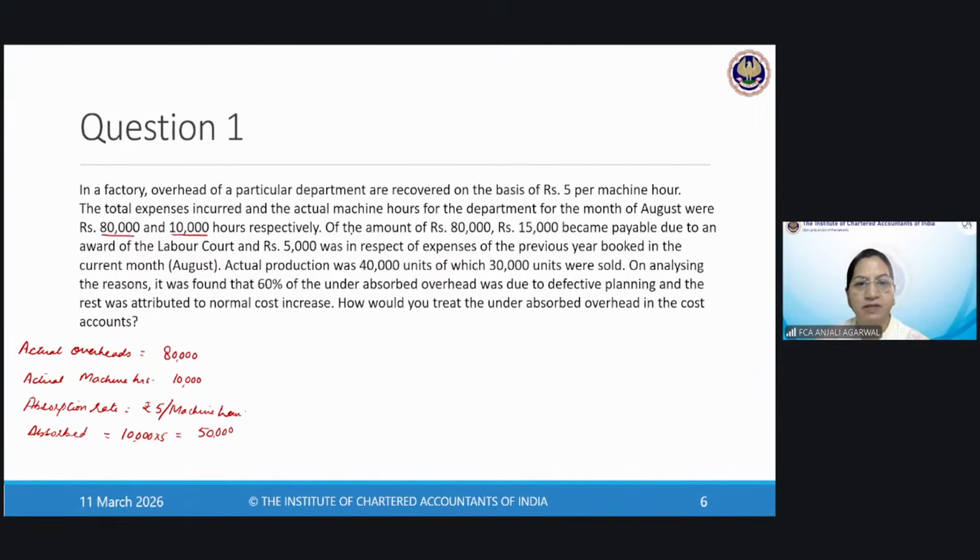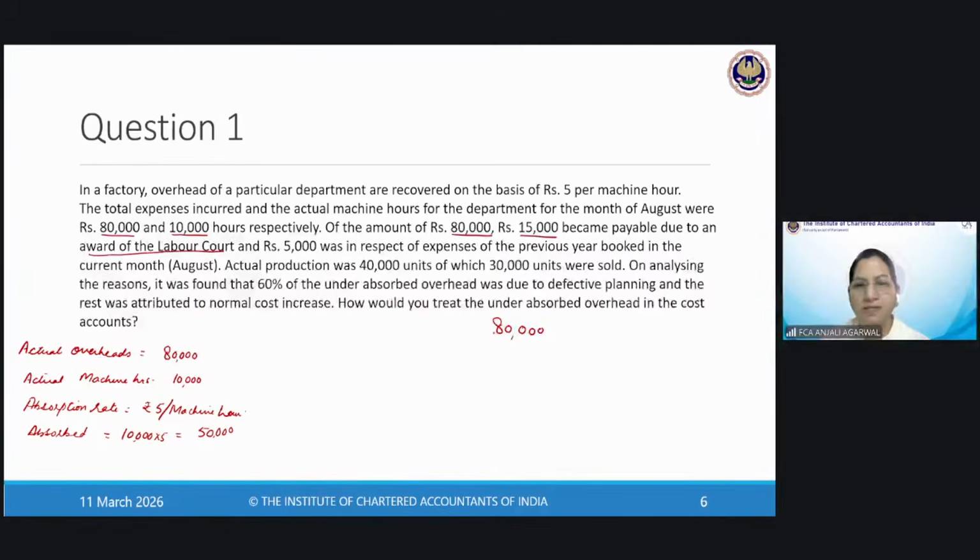But it's giving us some further details. Out of the 80,000, 15,000 became payable due to an award of the labor court. There was some dispute going on with some workers, so the labor court gave an award in favor of the worker, and 15,000 is to be paid to the labor.